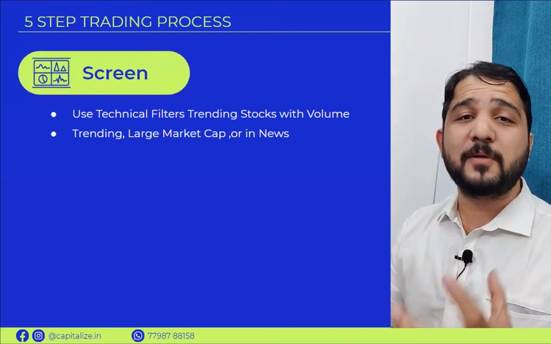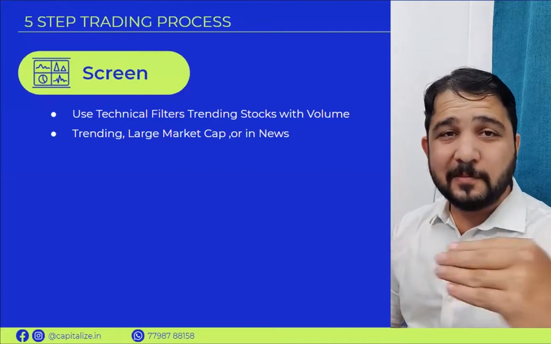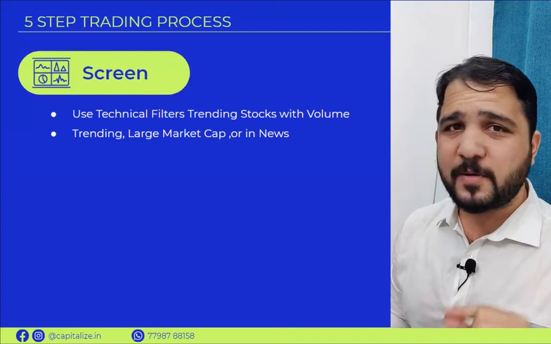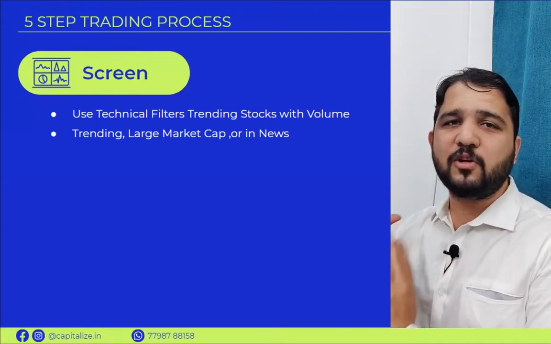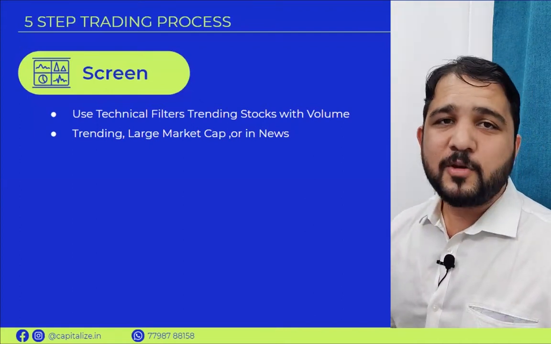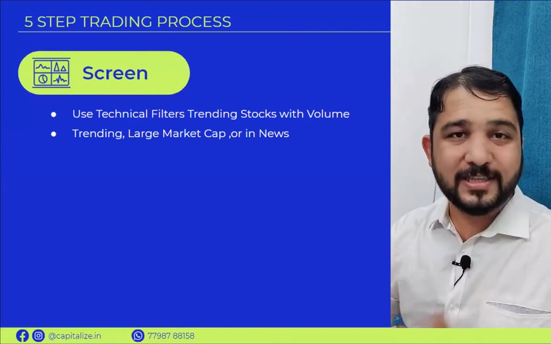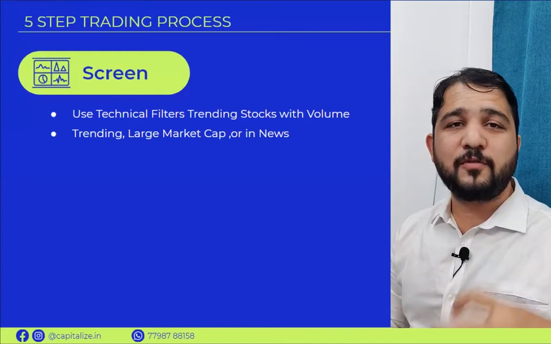The more people are trading a particular stock, the better your technical analysis can work on it. That's why large market cap companies, at least above 10,000 crore, are recommended, so that whatever technical patterns or indicators you're using work really well and you also have a good chance of winning in them.